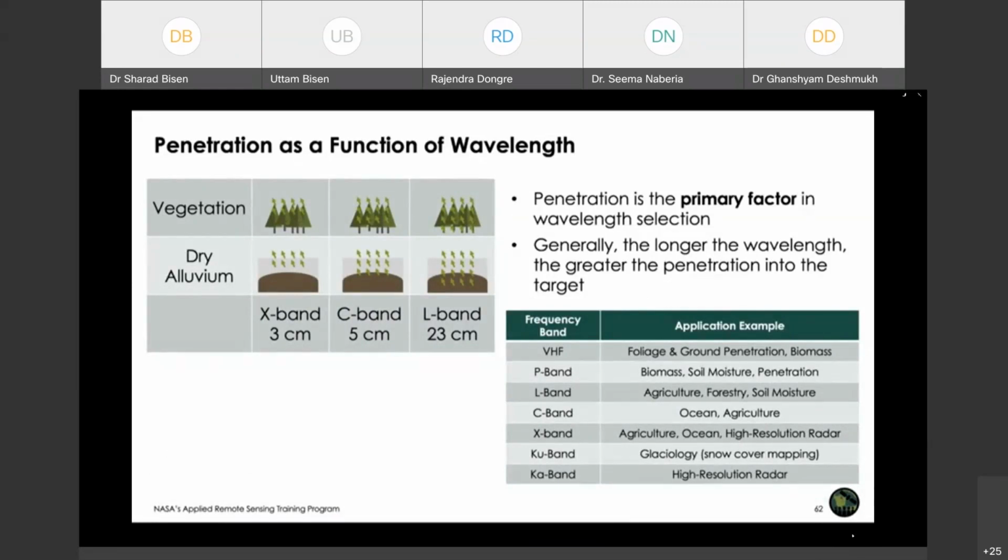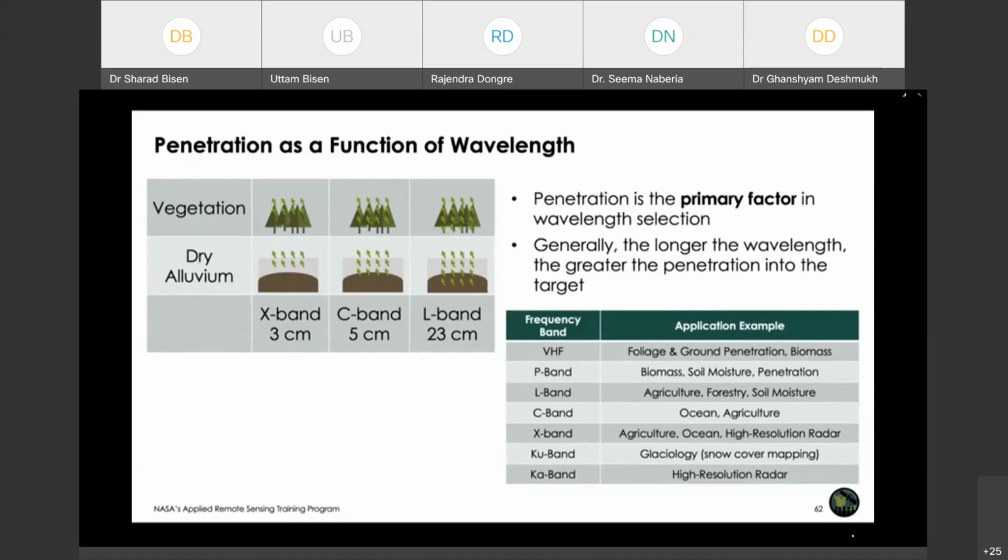In vegetated areas, X-band is generally governed by the top of the canopy. C-band penetrates further, and L-band tends to penetrate deeply into the vegetation. Likewise, in the case of a dry, bare soil, X-band only sees the top surface of the soil, while L-band penetrates into the soil. Also, the wetter the soil, the less the penetration.